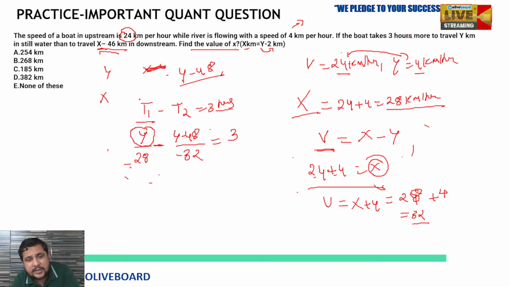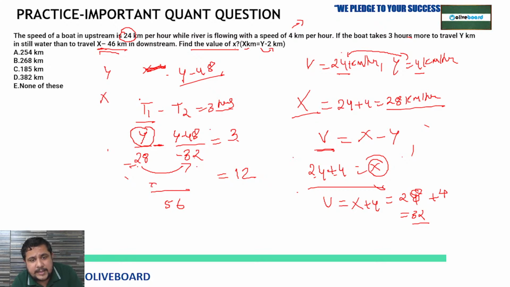So now 4 you can take common here in the denominator. So take 4 common. So 4 will be transferred this side, so it will be 12. Now you will get 7 and 8. The LCM of 7 and 8 will be 56. Clear? Now if it is 56, then just take the LCM after this.